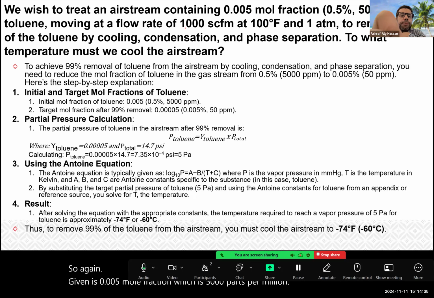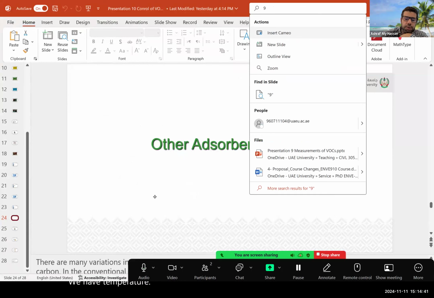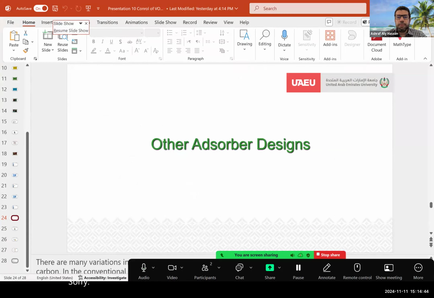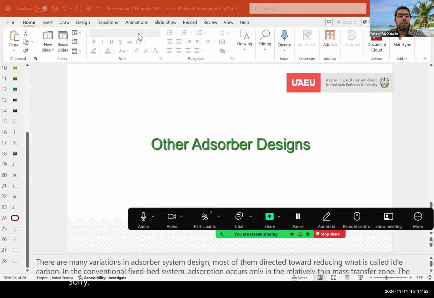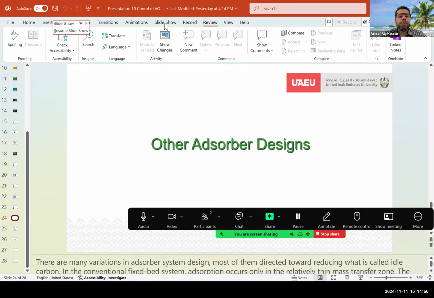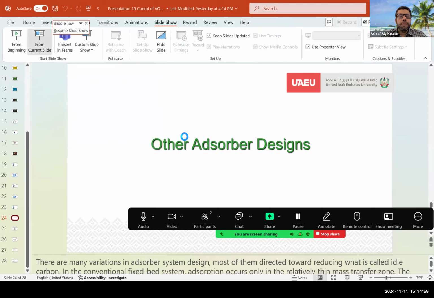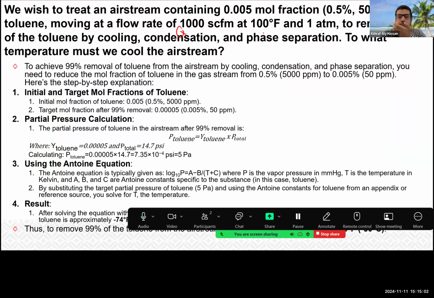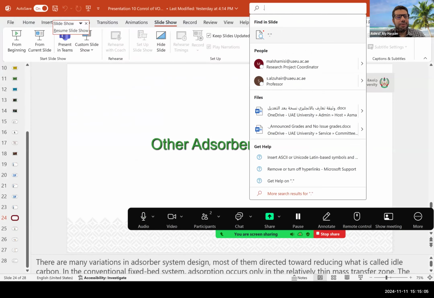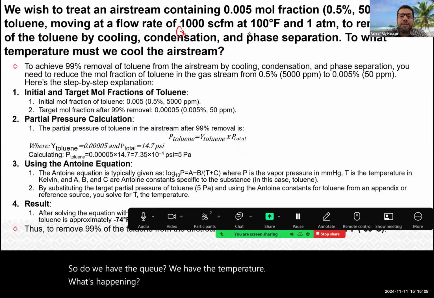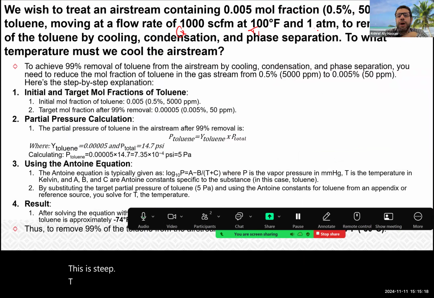We have the flow rate Q. We have the temperature T1, and this is P1.